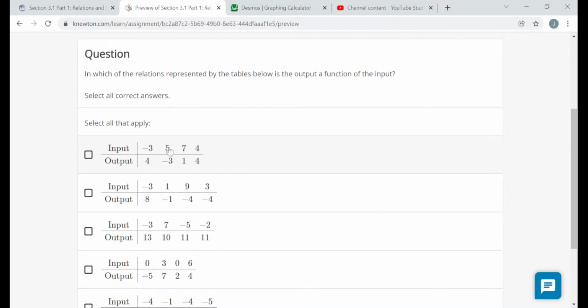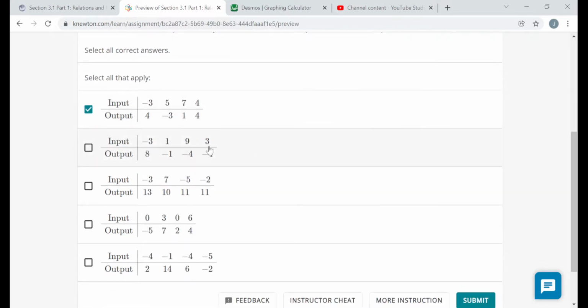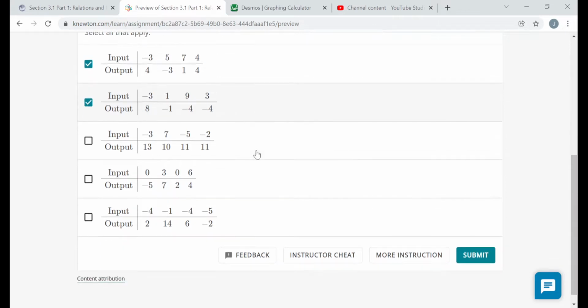So every input goes to one output. This is a function. Here, same thing. Every input shows up once. All right, there's no repeating input, so every input goes to one output. That's a function. Same thing here.